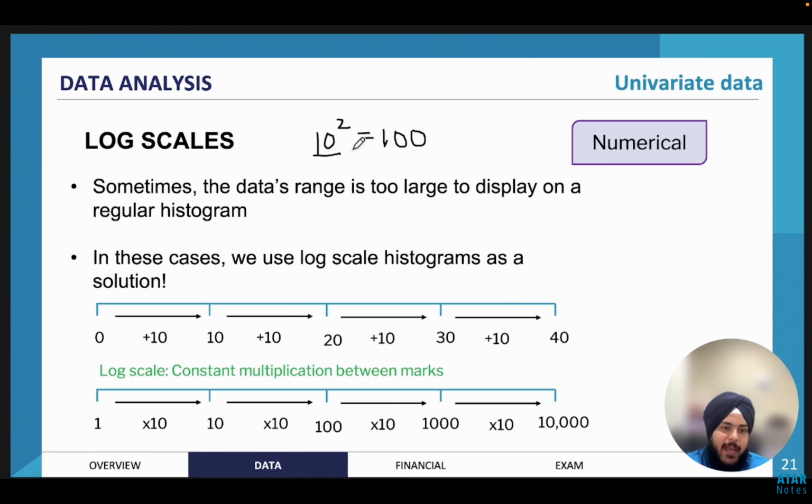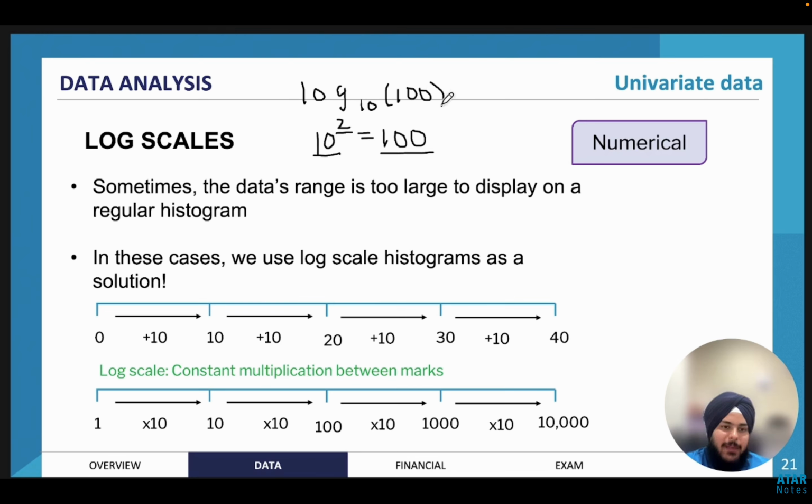So basically we have a base, and we also have a solution, and we also have the power. So the log equivalent of this equation would essentially just be log of the base, which was 10, of 100.